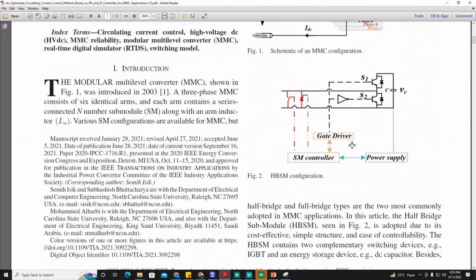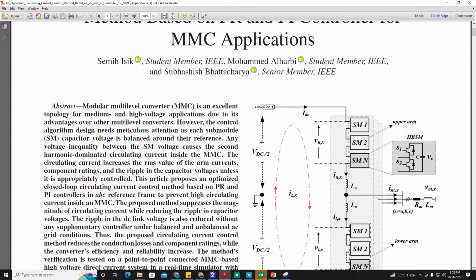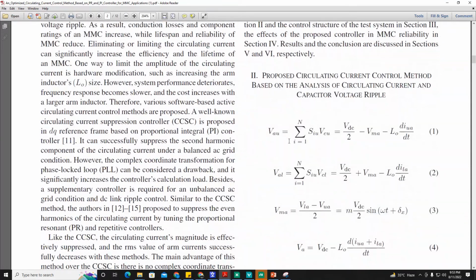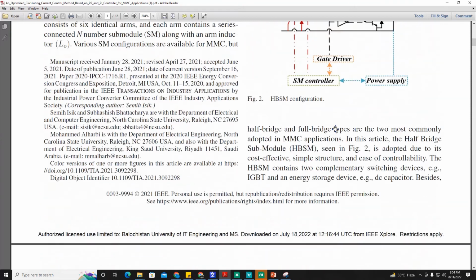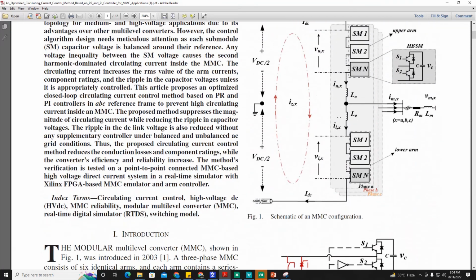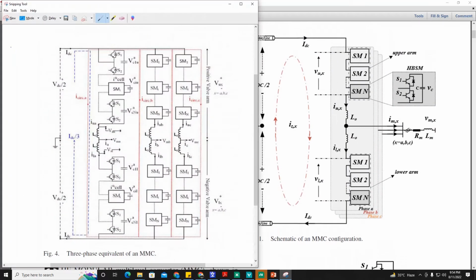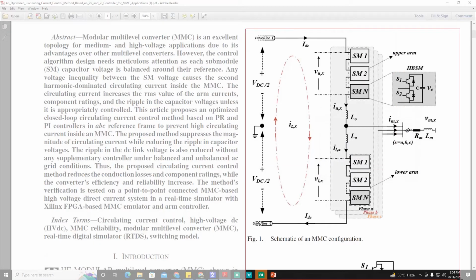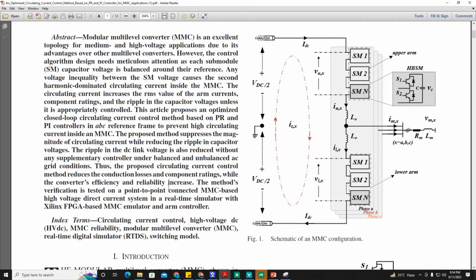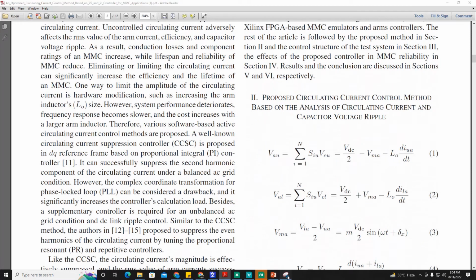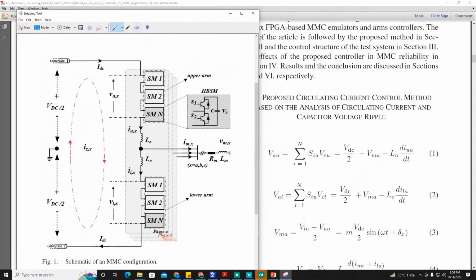This is VAU, the upper arm voltage, meaning the upper arm voltage of phase A. Let me take a screenshot of this and put it here.